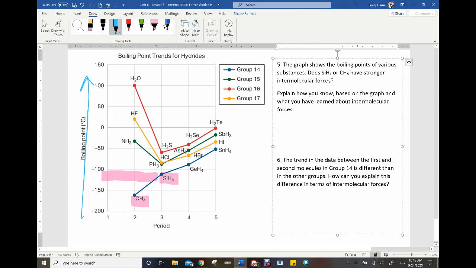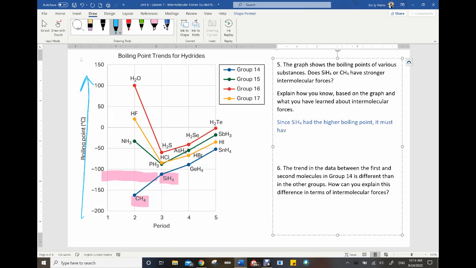So if SiH4 has a stronger or a higher boiling point, it must have stronger attractive forces. All right. So we'll say since SiH4 had the higher boiling point, it must have stronger intermolecular forces.